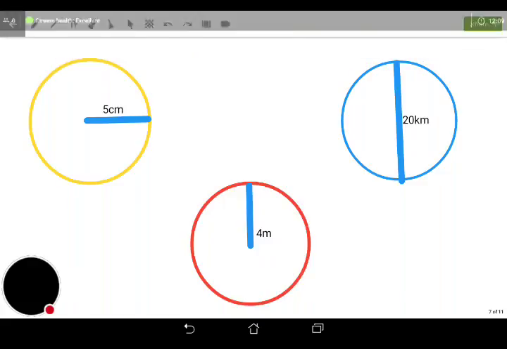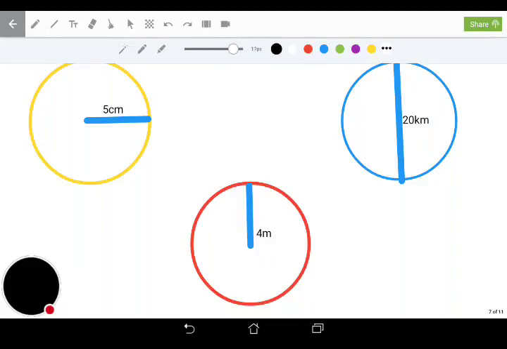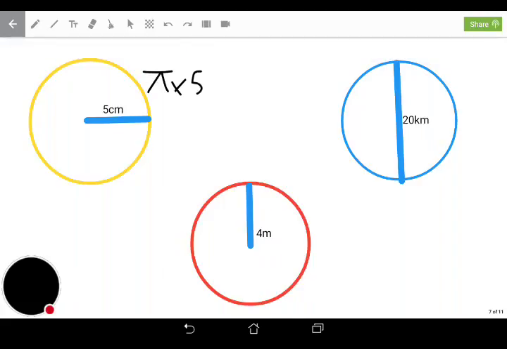Okay, so hopefully you've had a chance to have a look at these questions and have a go at them. What I'm going to do is run through these very quickly. To start with, this first one here, I will do pi times 5 squared.